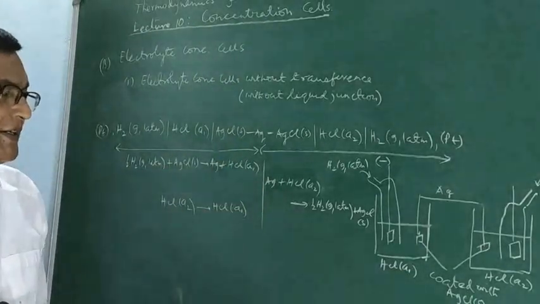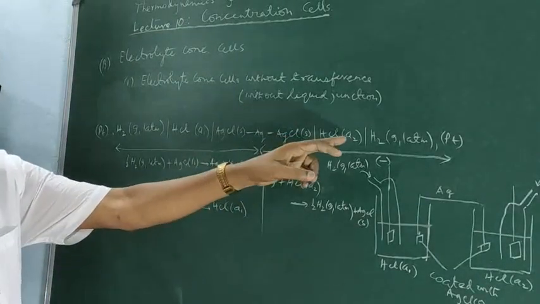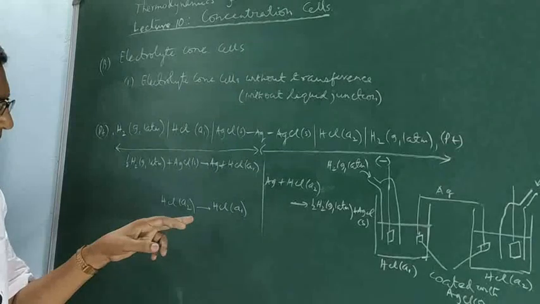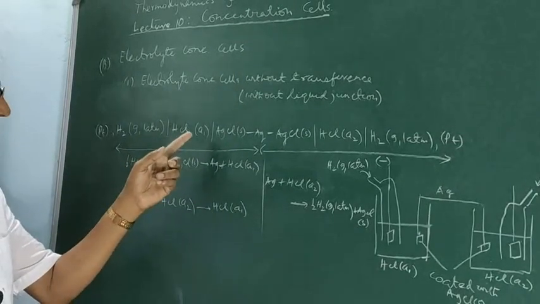Cancelling like terms, we get hydrochloric acid of activity A2 transferring to hydrochloric acid of activity A1.